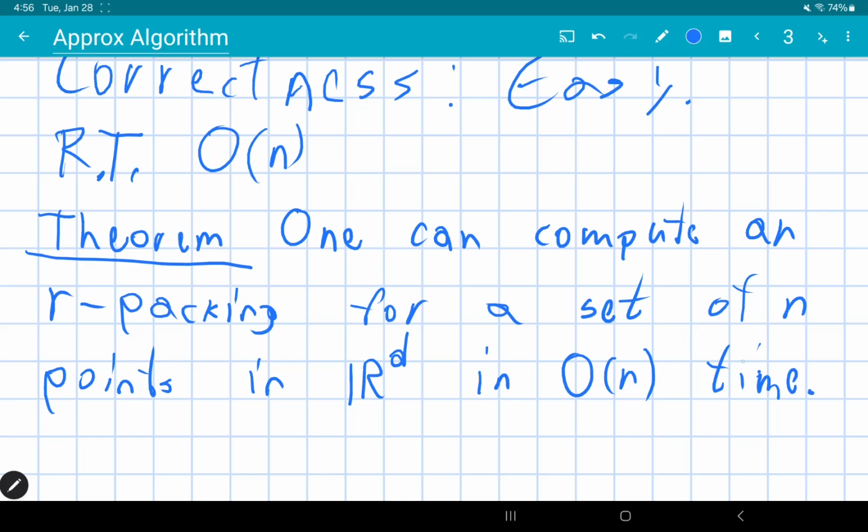And again, this uses the floor function and hashing and so on, but that's very neat. And that's all I wanted to tell you about packing at this point.